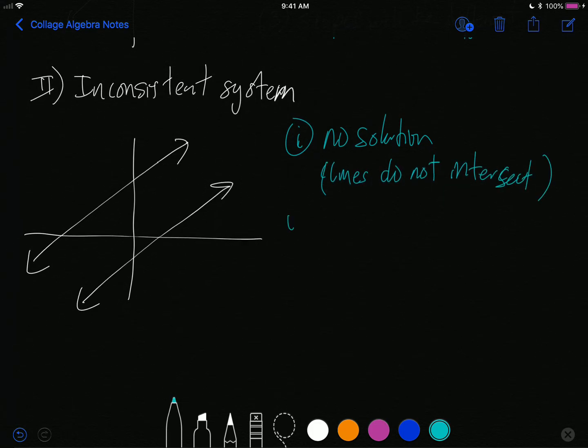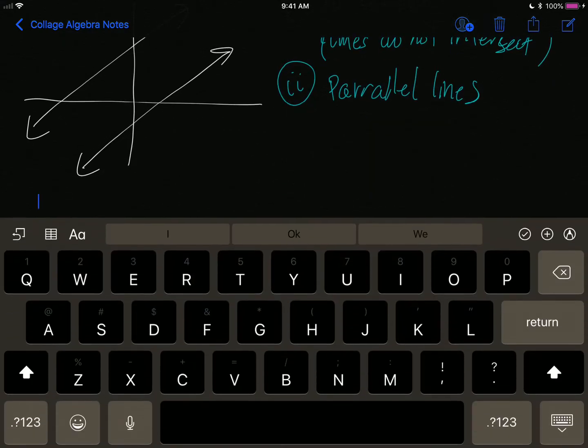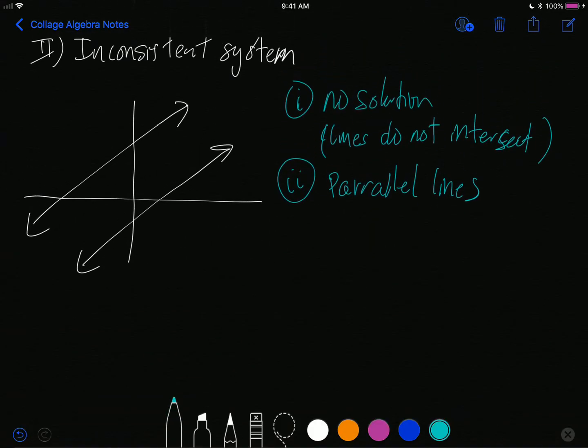If you know anything about algebra, about geometry rather, you'll know that these are parallel lines, but a special kind of parallel lines with different y-intercepts.